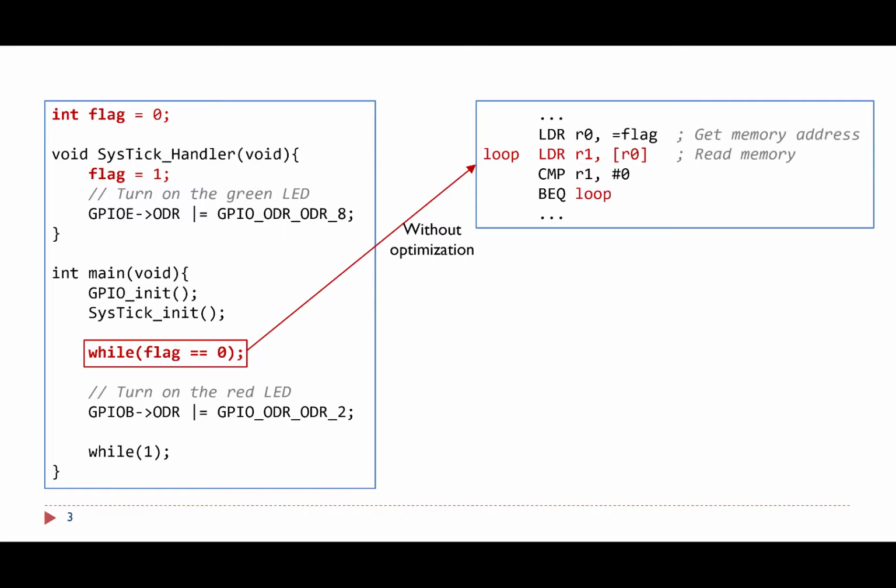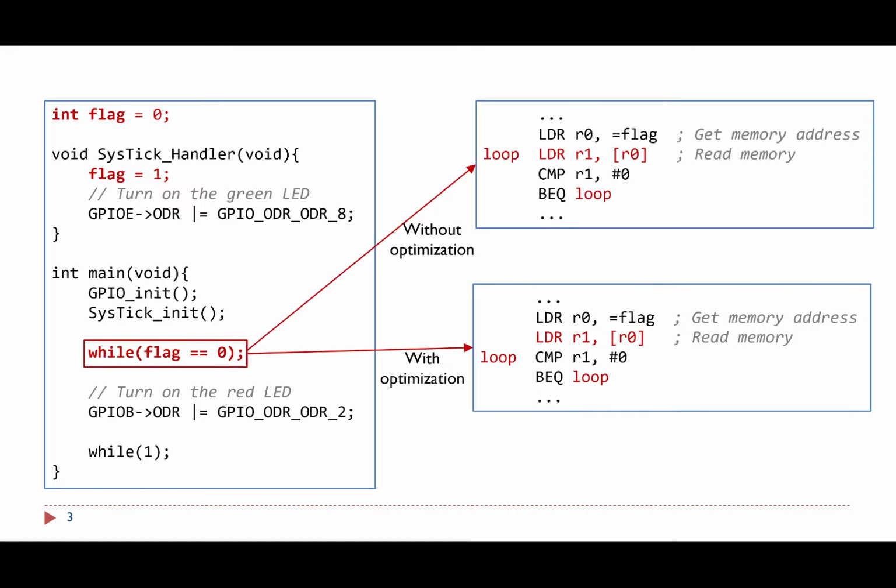However, if we increase the level of compiler optimization, the program will be broken and fail to turn on the red LED. Here is an example assembly translation with compiler optimization. The compiler assumes that the flag value does not change because the C program doesn't seem to have changed it.